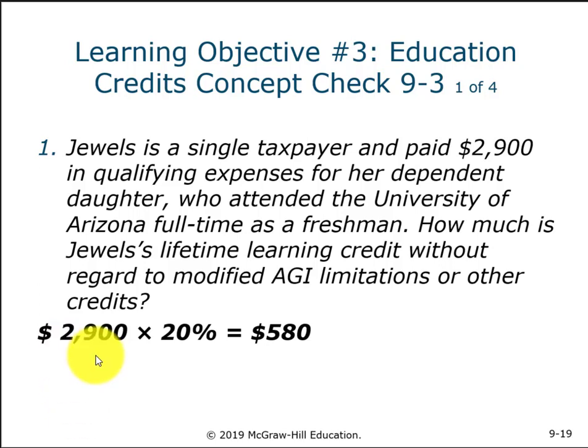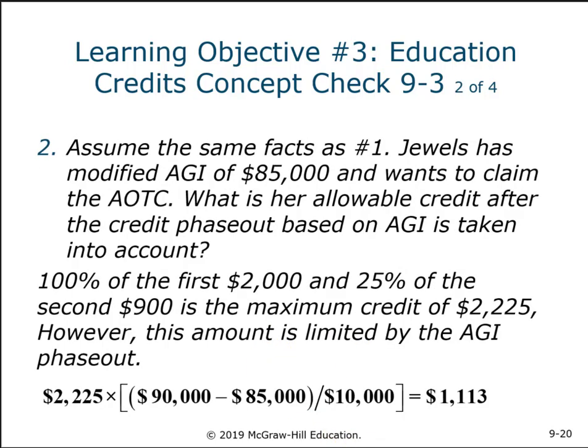So before you consider any limitations, you take the $2,900 and get $580 if this was for the lifetime learning credit. That's what the lifetime learning credit would be. But because she's a freshman, she could also qualify for AOTC, which should be better.